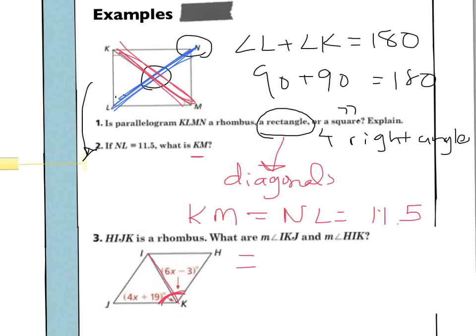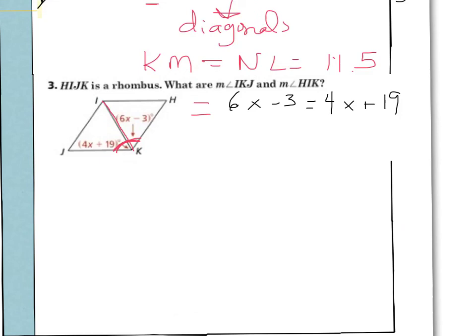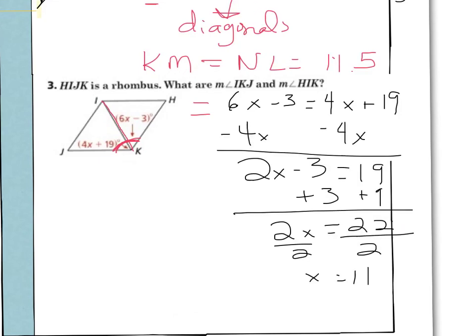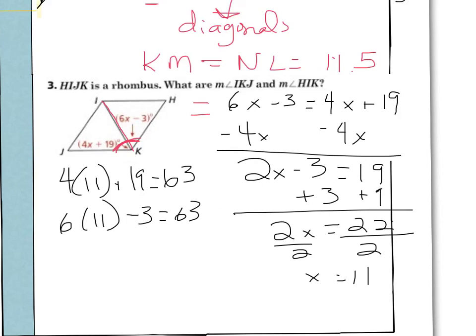If we set them equal to each other and solve for x, we will find that x equals 11. Then substitute 11 for x into both smaller angles. We will find out that IKJ is going to be 63. And hey, HIK equals 63 too. And that's also what we were supposed to find because we know these are going to be congruent.